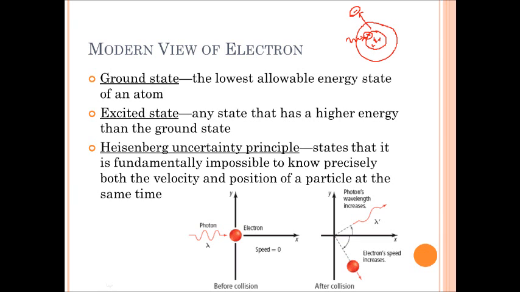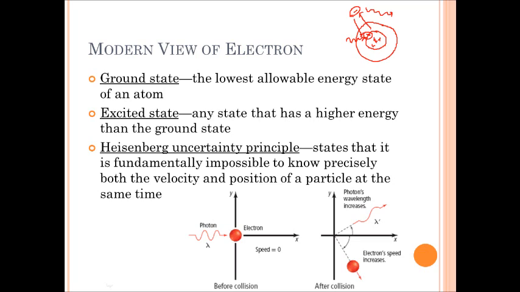At that point, it's known as being in the excited state. Now, it will stay in the excited state until eventually the energy will wear off. It goes off, often seen in the form of visible light if it is within that range. And then it will fall back down to the ground state.